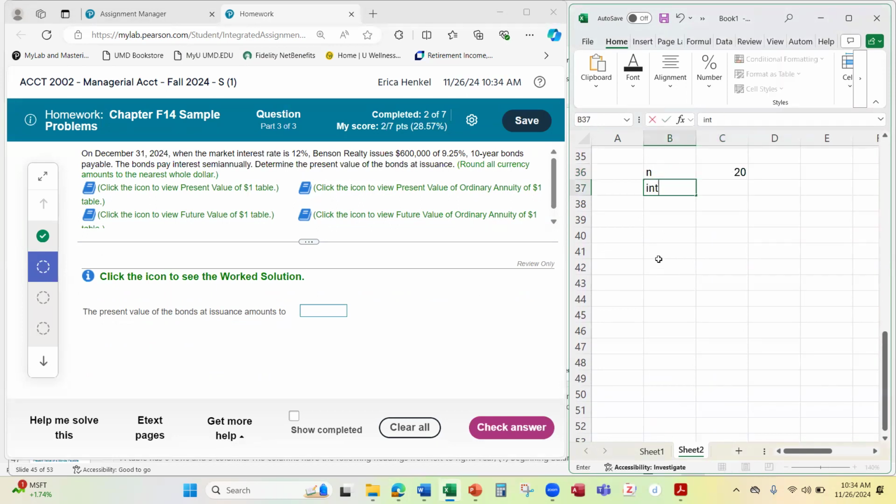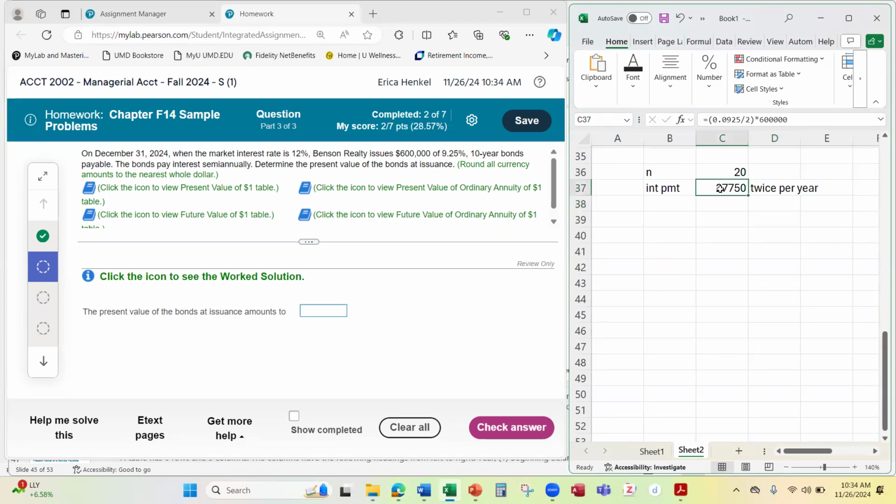And then our interest payment, which is the only thing we're going to use the bond's stated interest for, is going to be 0.0925 divided by 2. So the annual interest rate of 9.25% divided by 2 times the 600,000. That's what they have to pay twice per year, right?